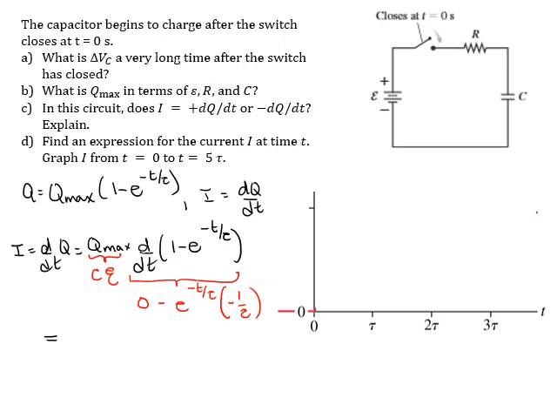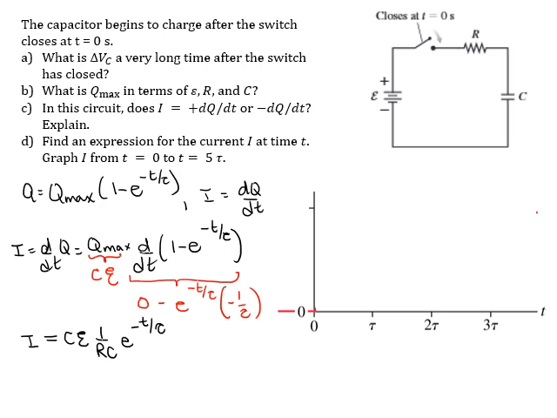So our current I is our maximum charge, capacitance times the potential of the battery, times the derivative of 1 minus e to the minus t over tau. That's equal to minus times a minus gives us a positive 1 over tau, which is 1 over RC, times e to the minus t over tau.